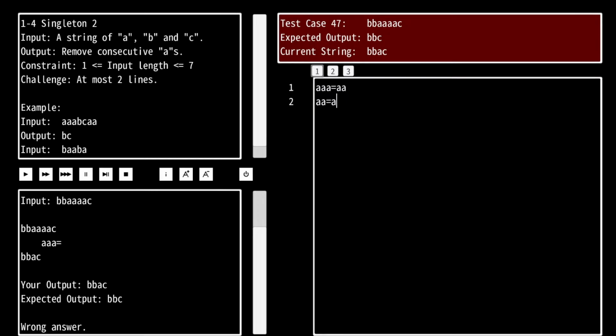Wait, what if I do this? 3 goes to 2, and then 2 goes to nothing. So I can only ever remove even numbers. But then... Wait, does this work?